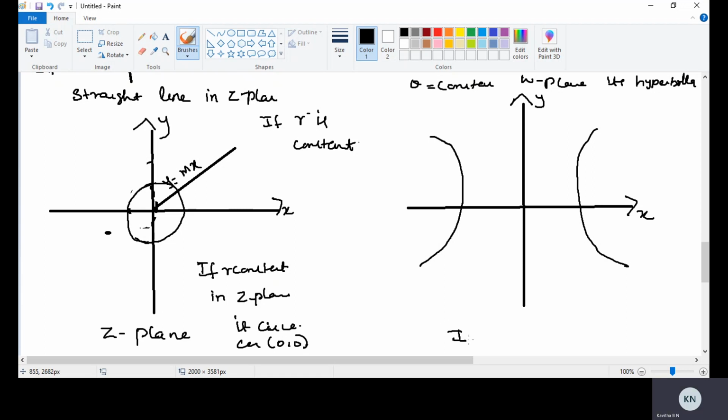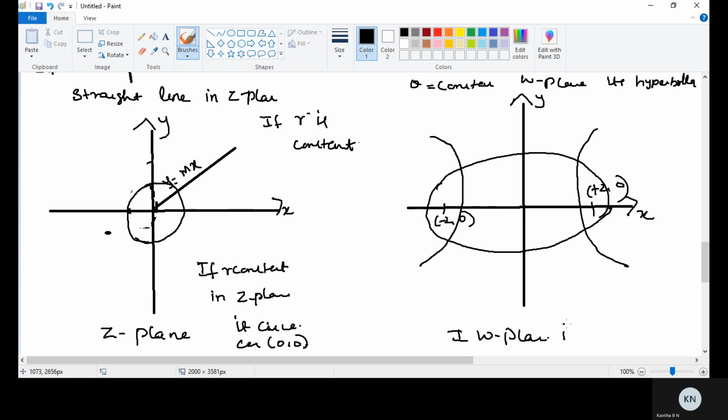But in the w plane it is an ellipse, with foci minus 2, 0 and plus 2, 0. In the w plane, it is an ellipse.